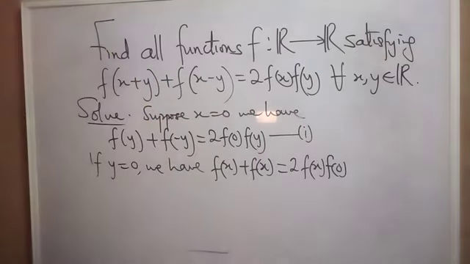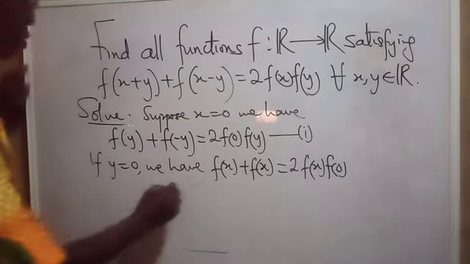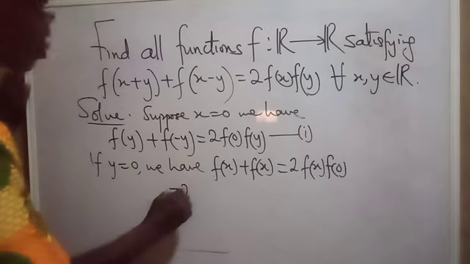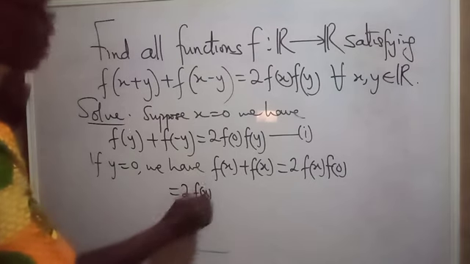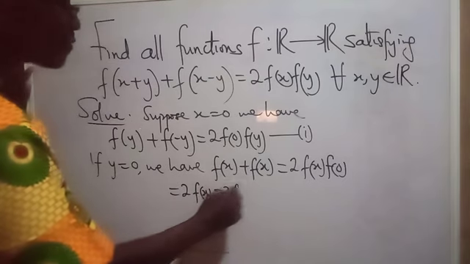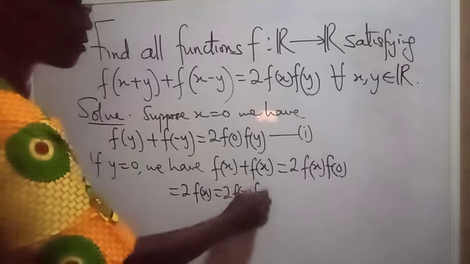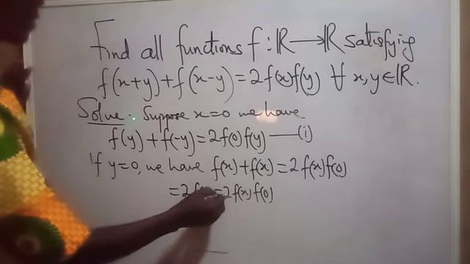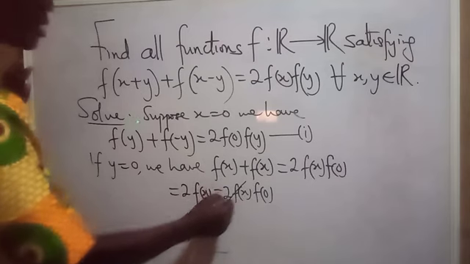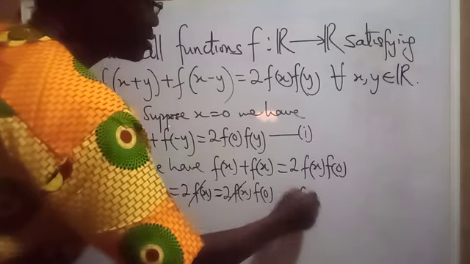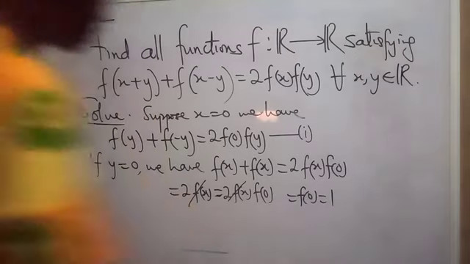Here, f of x plus f of x, that's 2 f of x, is equal to 2 f of x f of 0. So we can divide both sides by 2 f of x, and f of 0 will be equal to 1.